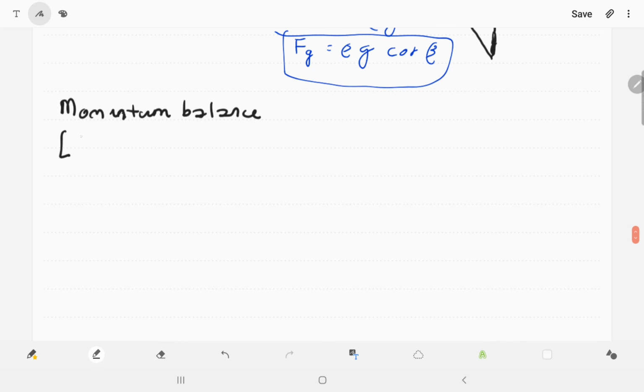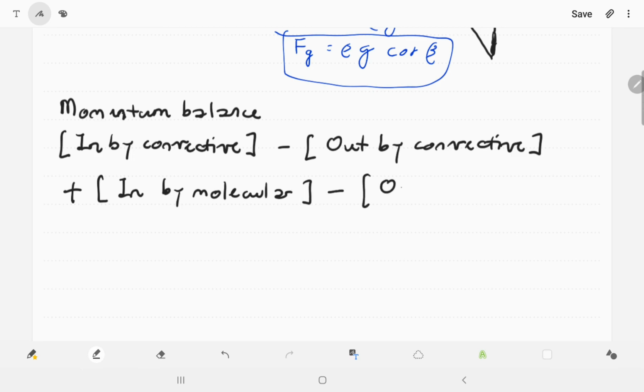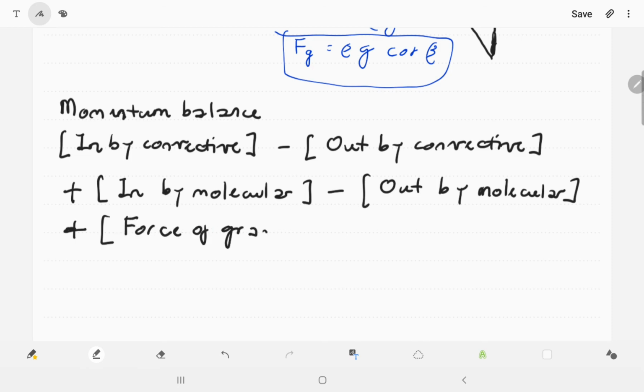Your momentum balance is basically in by convective, minus out by convective, and then plus in by molecular, minus out by molecular, and then plus force of gravity acting on your system.